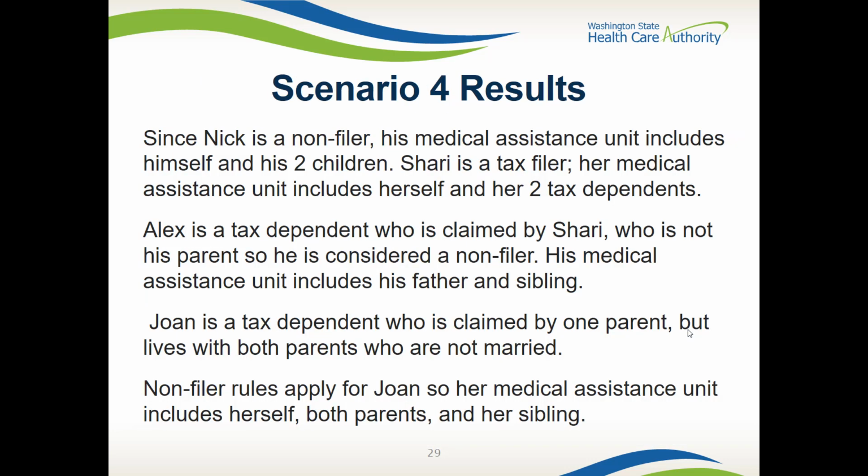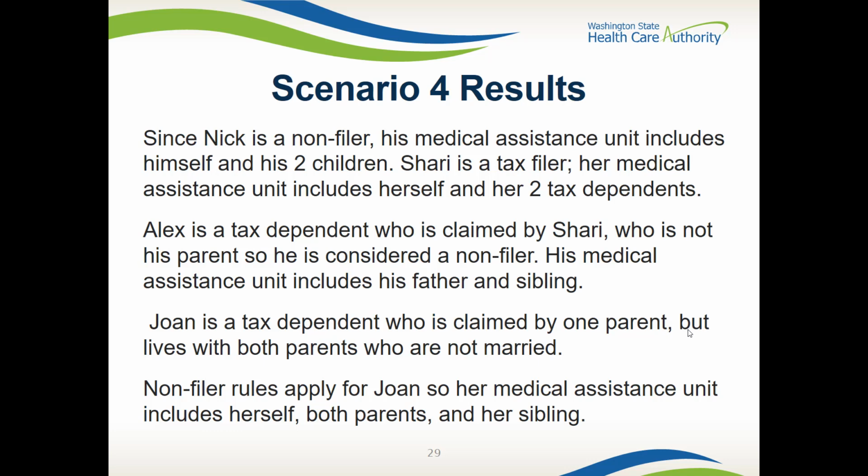Let's review this scenario. Since Nick is a non-filer, his medical assistant unit includes himself and his 2 children. Sherry is a tax filer. Her medical assistant unit includes herself and her 2 tax dependents.